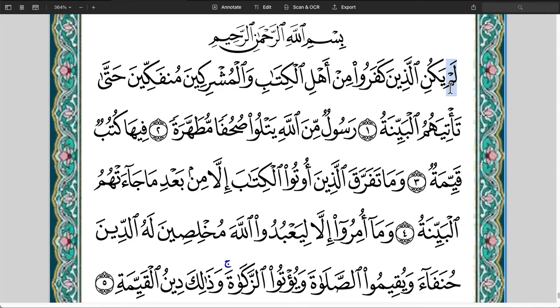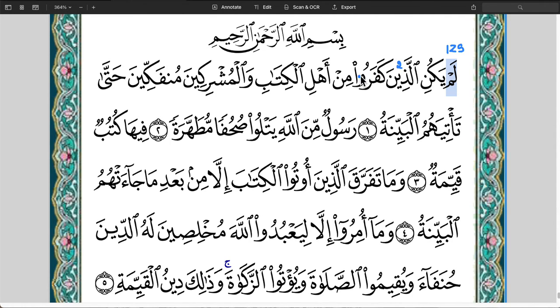I don't know, it doesn't work. Oh, okay. This is izhar shafawi, right? Lam, meem is pronounced clear. Izhar shafawi. Okay. Yakunu alladhina, so this is a normal mad, 2 counts.